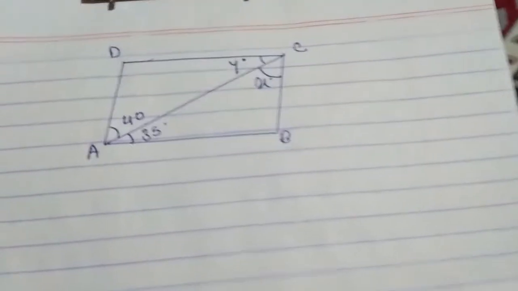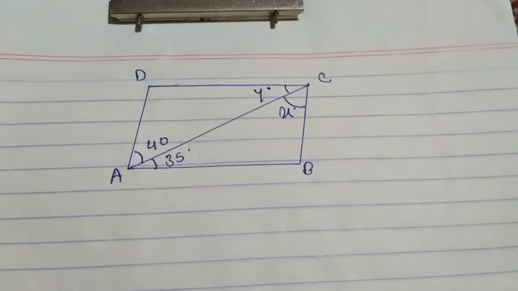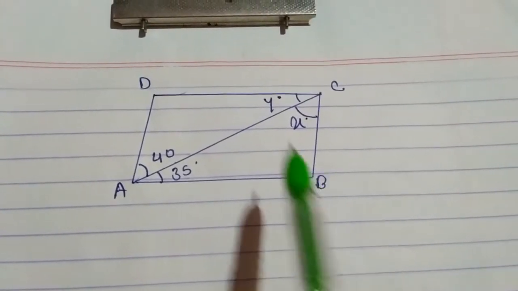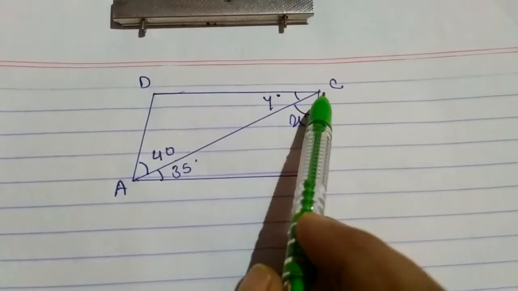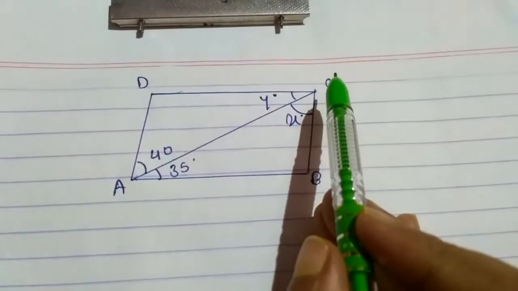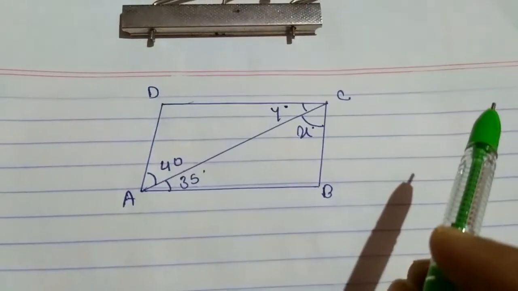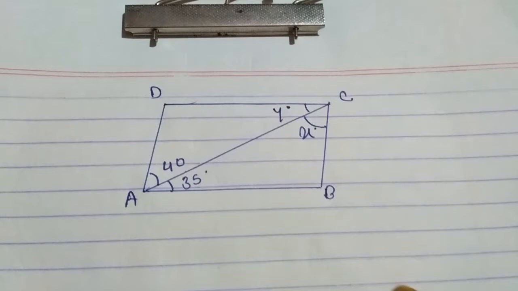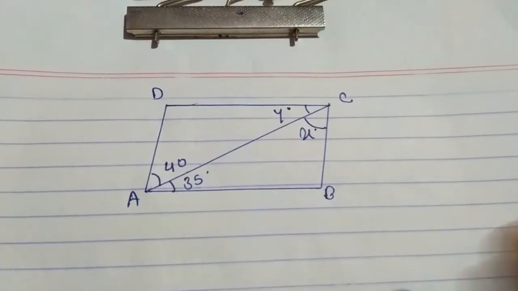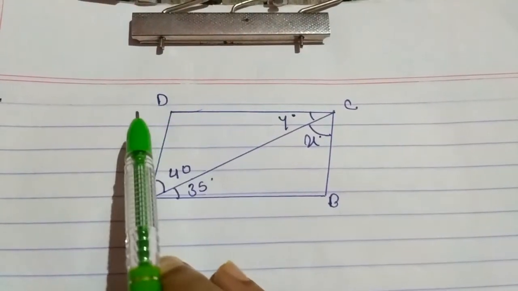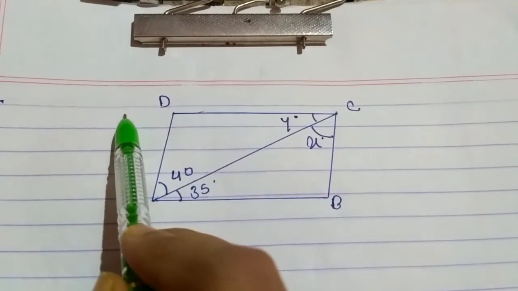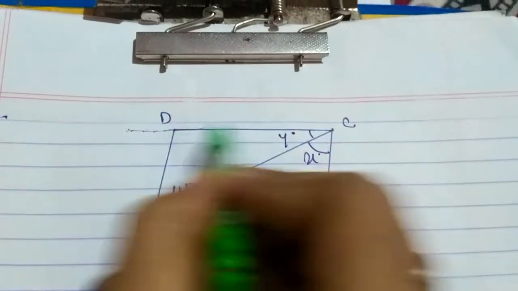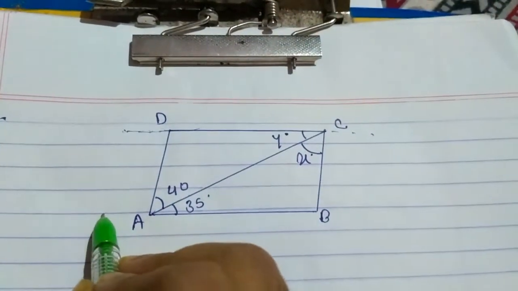So just come on the figure. One thing you can see here that given here AB parallel to DC and AD parallel to BC. Okay, this is a very easy question if you understand that if you extend a little bit, I want to extend for you only.